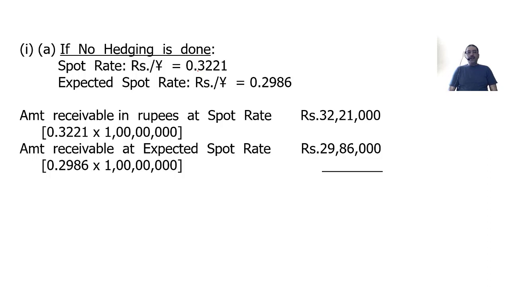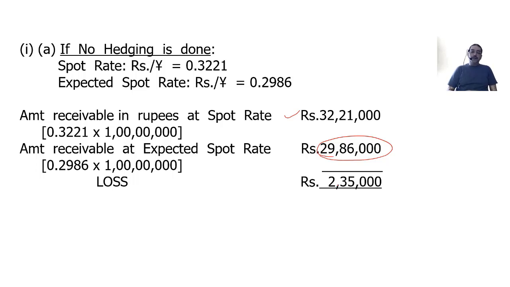So if I had not gone for hedging, I would have suffered a loss of 2,35,000. I was supposed to receive 32,21,000. I have received only 29,86,000. So there is a loss of 2,35,000.